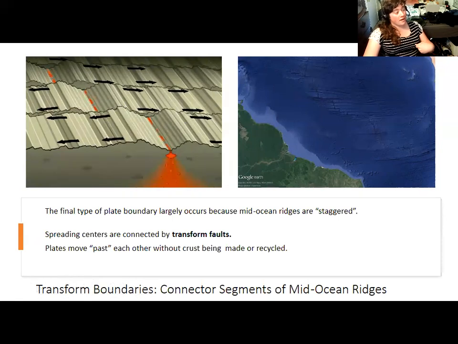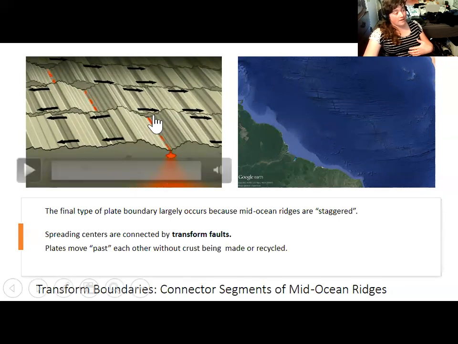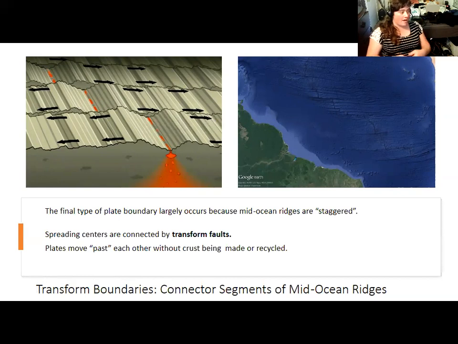And this is why you only saw the one example on the map earlier, because the San Andreas Fault is a gigantic example of this. It does actually connect ocean spreading center segments that are located in the Gulf of California, south of us, as well as the ones located north.